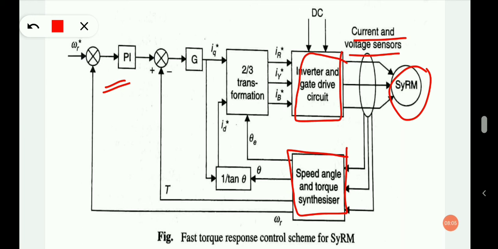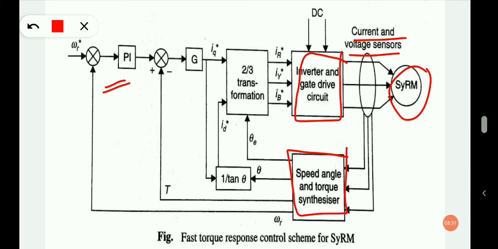So in this video we have discussed the control schemes for the synchronous reluctance motor, in which there are basically two control schemes.